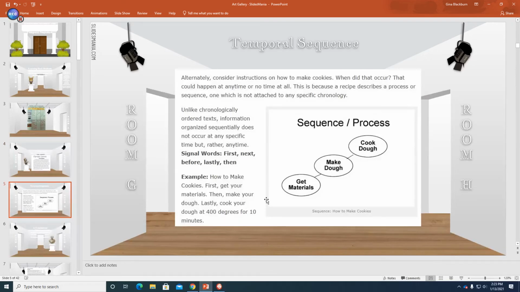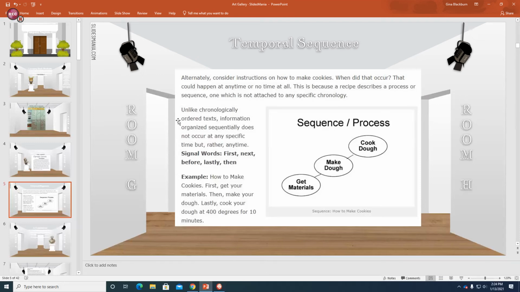All right, so let's talk a little bit about temporal sequence. Alternately, consider instructions on how to make cookies. When did that occur? Well, you can make cookies at any time or no time at all. This is because a recipe describes a process or a sequence, one which is not attached to any specific chronology, like when we were discussing the Olympics.